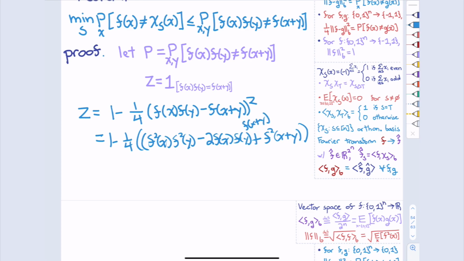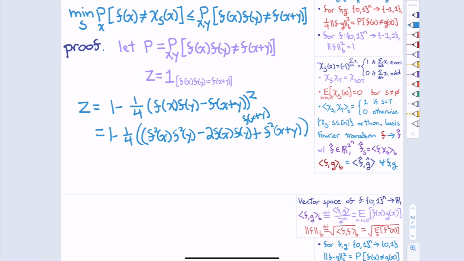But all those f squares are automatically 1. So we get like 1/2, plus 1/2 f of x, f of y, f of x plus y. Is that okay? All right. I'm going to write this like this, just put 1 plus and 1/2 on the outside. That's the same thing.